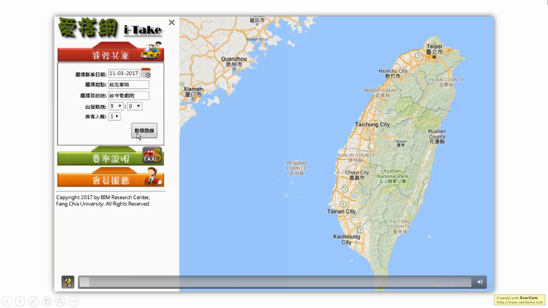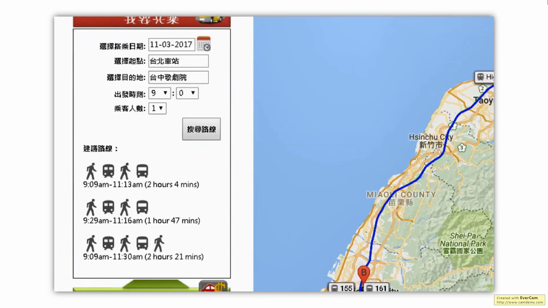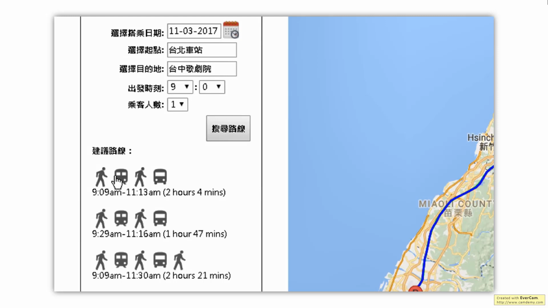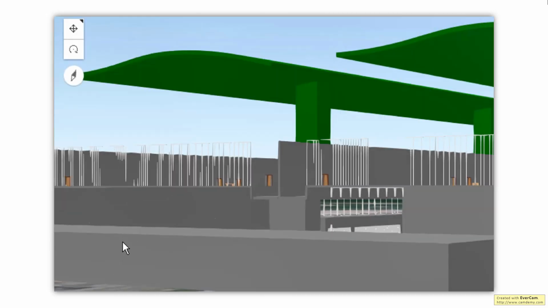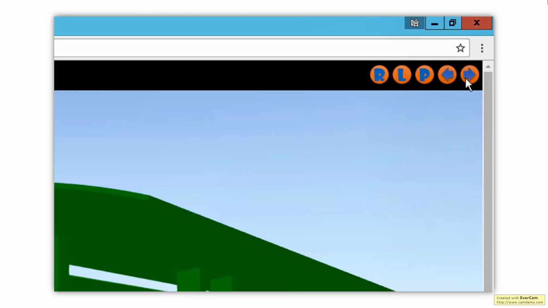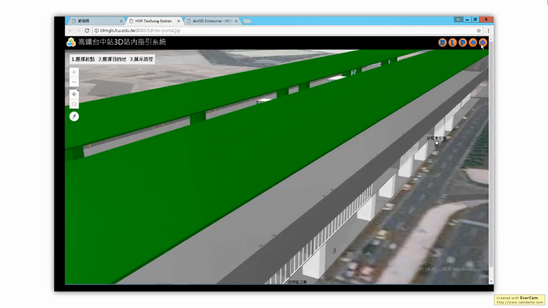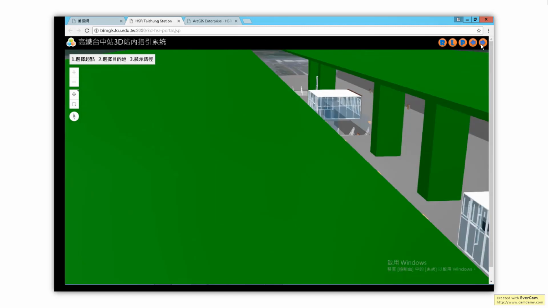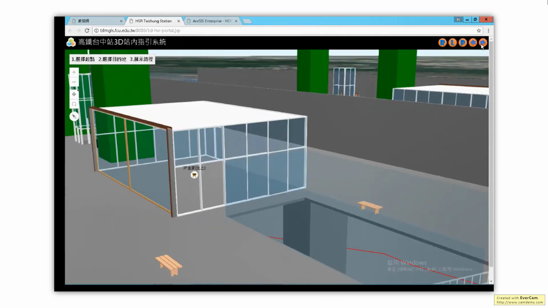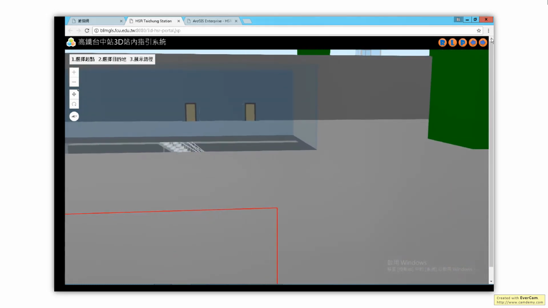The system will give 3 suggested trips from origin to destination. All of them include high-speed rail and then taking a bus. By clicking the high-speed rail icon, the system will direct you to navigate the entire shortest path calculated by the system.